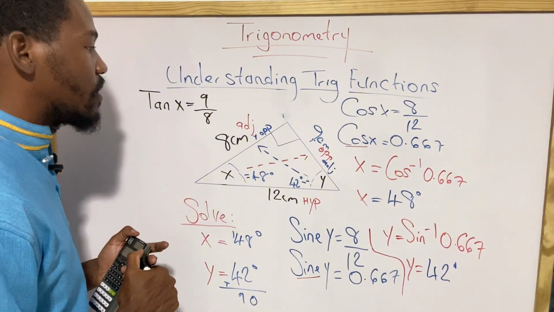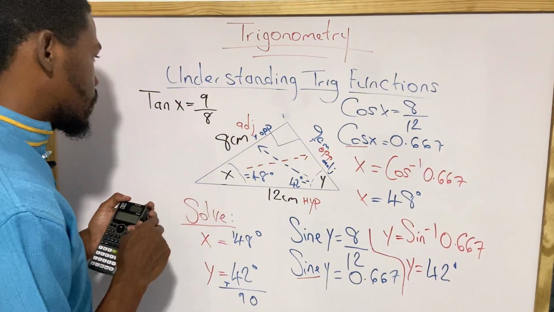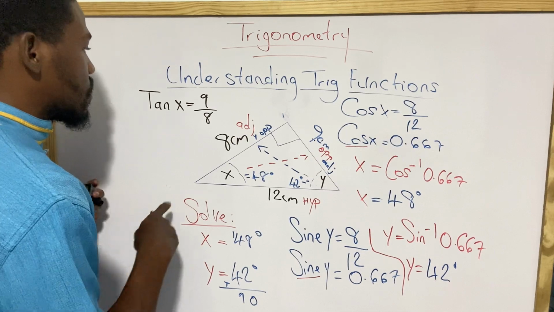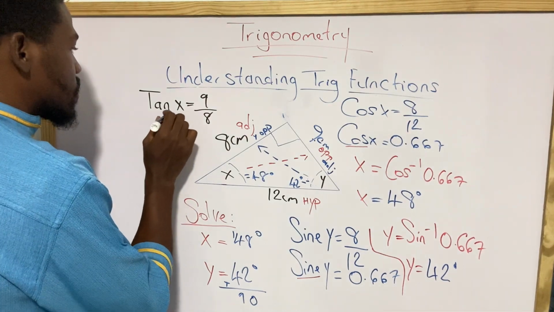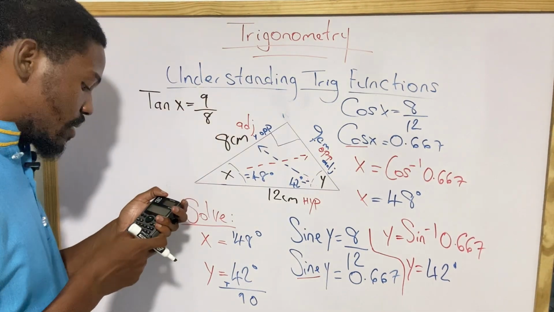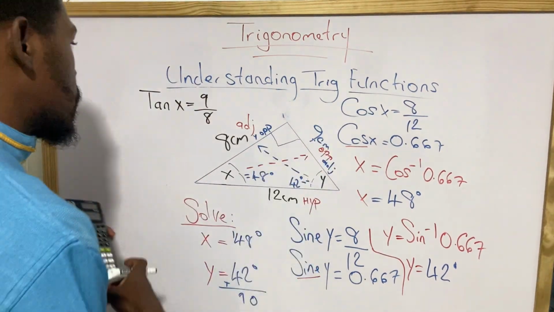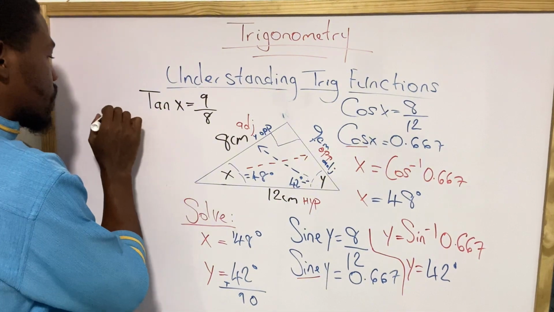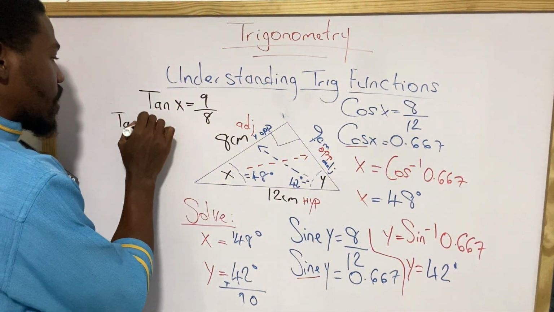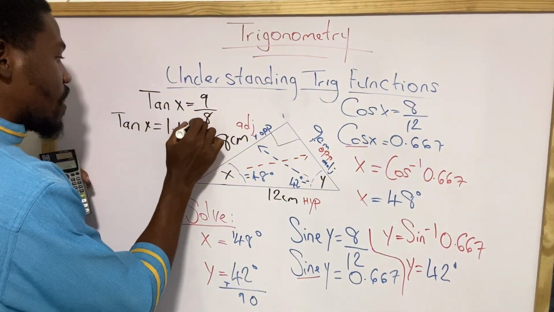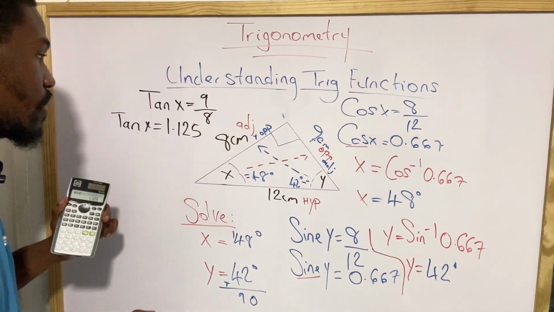So that's how we would have it, right? So 9 over 8 is going to give us 1.125.